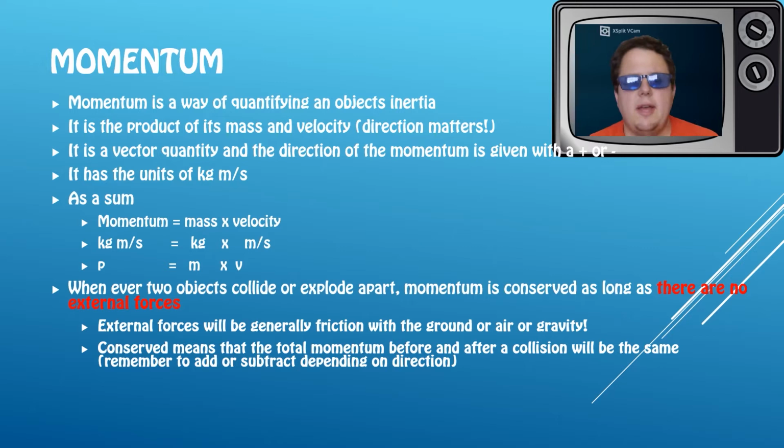Generally, external forces will be things like friction, or weight, gravity. If you're talking about a collision and one thing ends up moving upwards, momentum's not going to be conserved there because you've got the external force of gravity, or the weight of the object, as well.